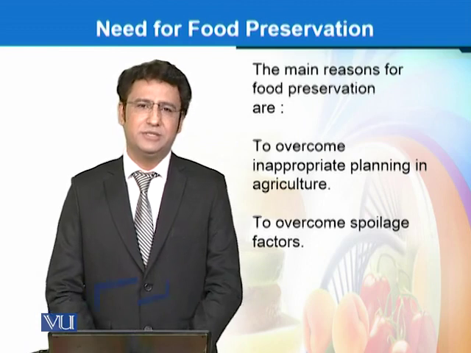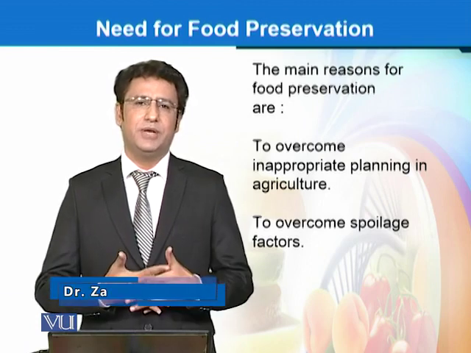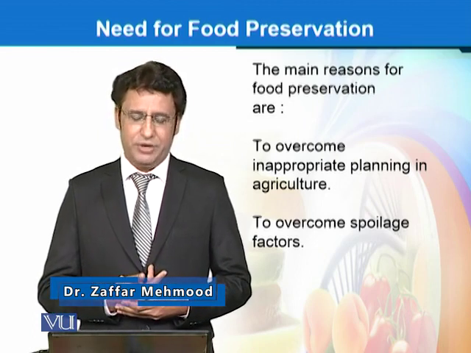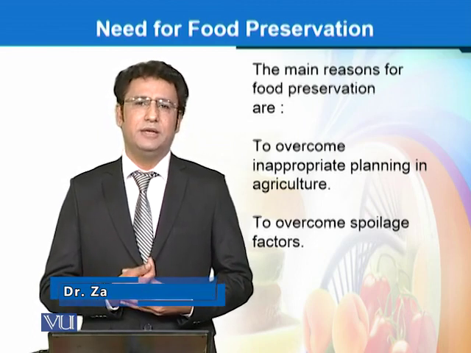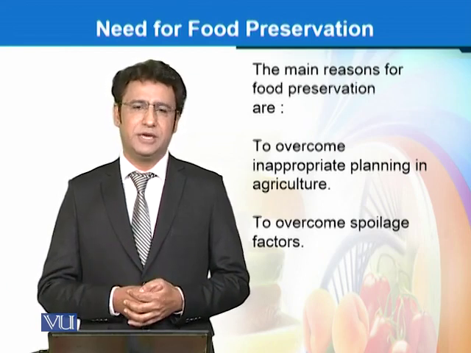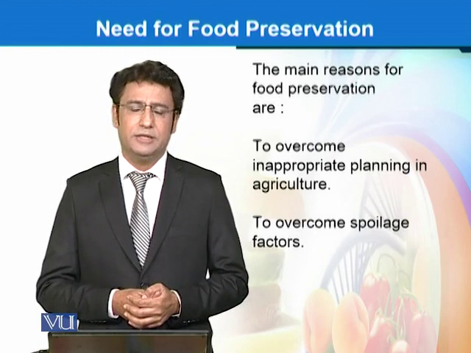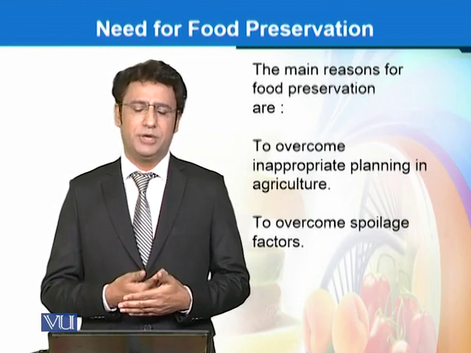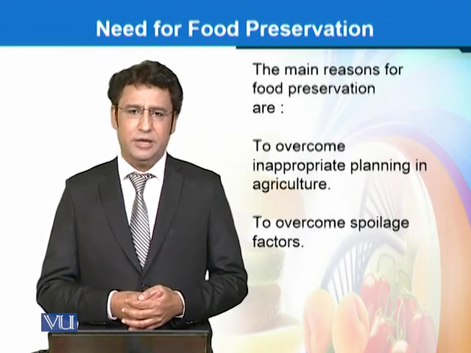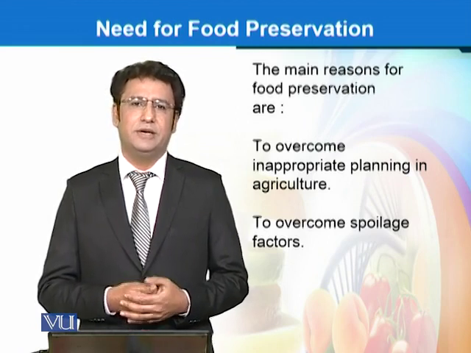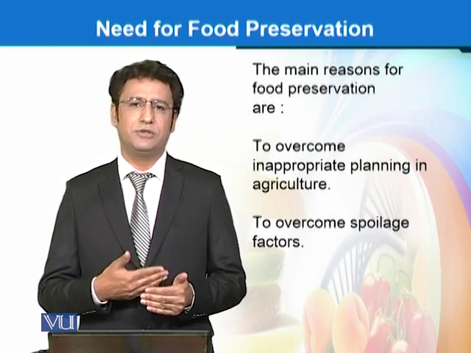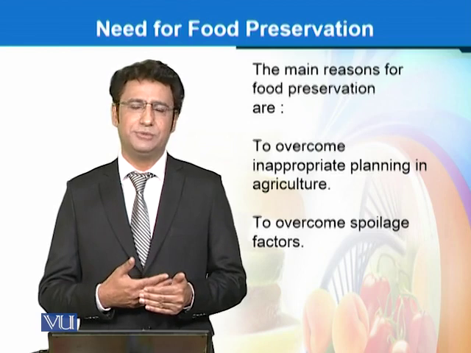So the main reasons, if we talk about agriculture and the way agricultural products are produced, one of the key factors responsible for all these preservation practices is that there is always inappropriate or improper planning in the agriculture sector, by which I mean that there are seasonal fluctuations in the production of certain crops, fruits, and vegetables.